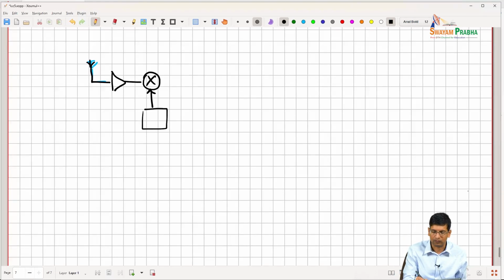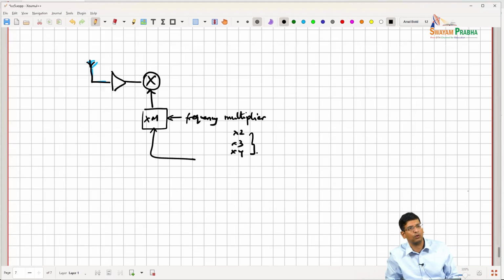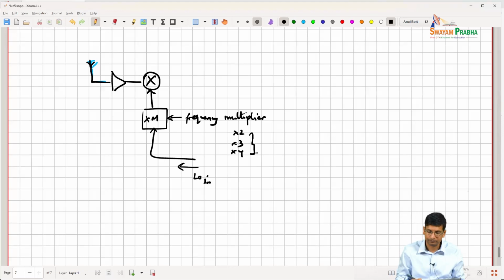In general, what we try to do is keep the LO distribution frequency low by building a frequency multiplier, right? And building doublers or triplers or quadruplers is pretty common, in order to lower the frequency that we have to bring in as the LO to the chip.